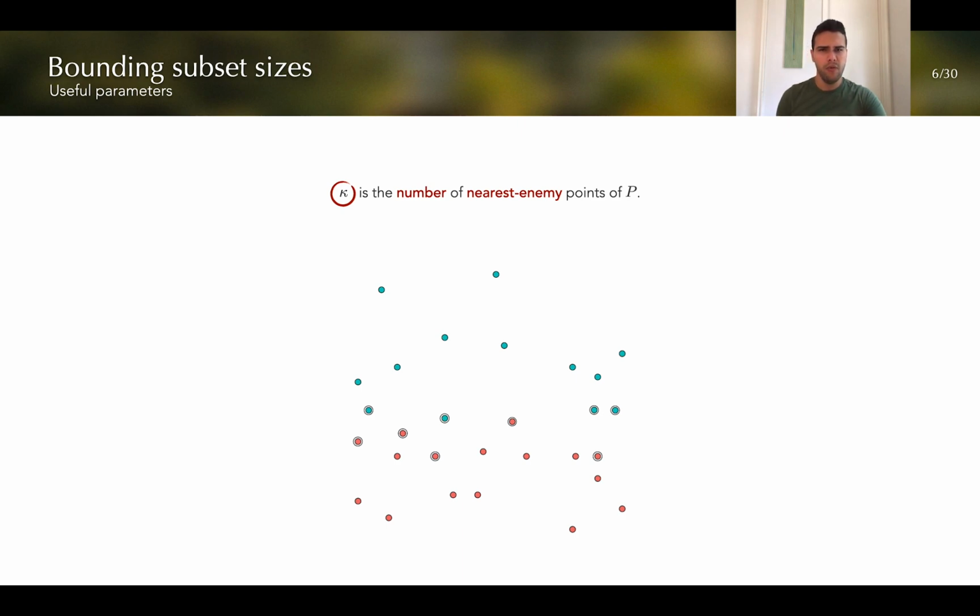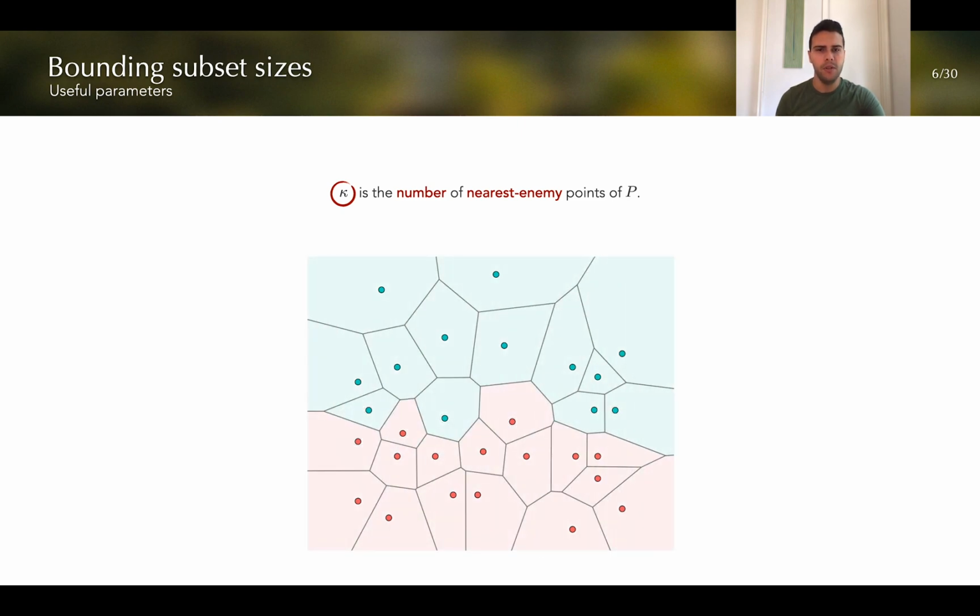Additionally, if we consider the space partitioning of these points, and we consider the points that define the boundaries between classes, these are called border points. There are tau such border points. In particular, in the Euclidean case, we know that kappa is always less than or equal to tau. These two parameters are extremely important to understand the complexity of the boundaries between points of different classes.